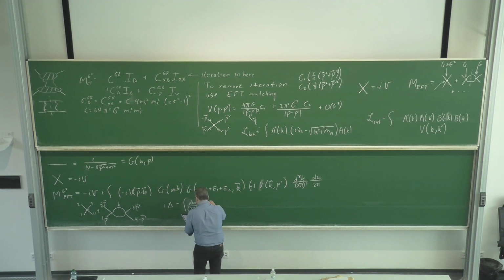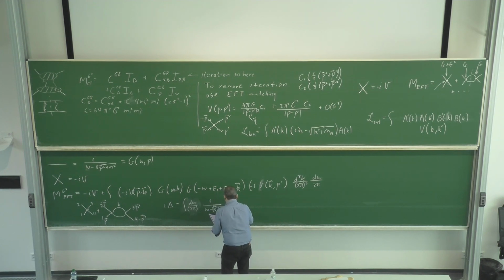Okay, then I have my two propagators, so that would be i over omega minus the square root of k squared plus m1 squared, and there's a plus i epsilon. You want to be careful with that.